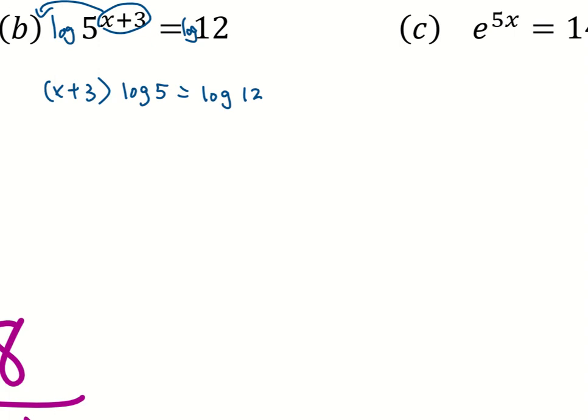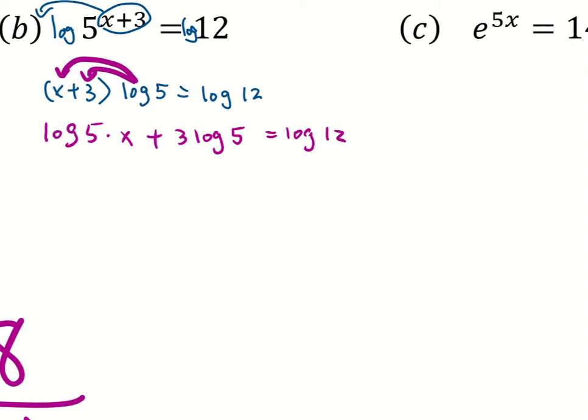One way to solve after this step is you can distribute the log of 5 to x and to 3. So you will have log of 5 times x plus 3 times log of 5 equals log of 12.